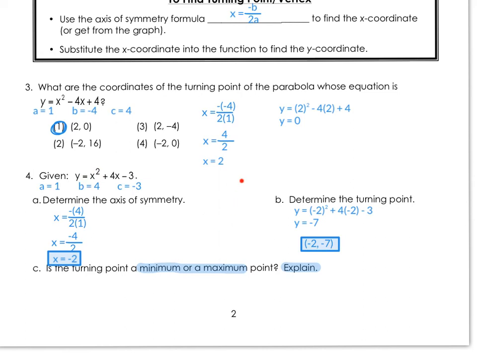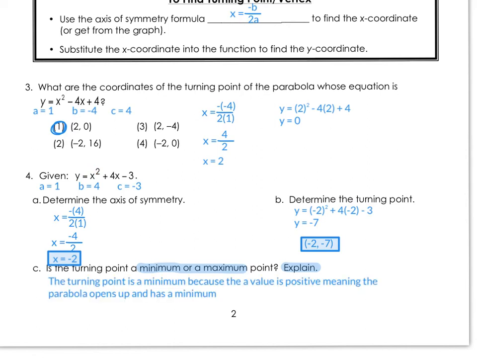So if you can picture that, that means that it's going to start and then go down and then back up. So you can sketch the graph if you'd like, but that tells me that the parabola will have a minimum. And I wrote that saying that the turning point is a minimum because the a value is positive, meaning the parabola opens up and has a minimum.